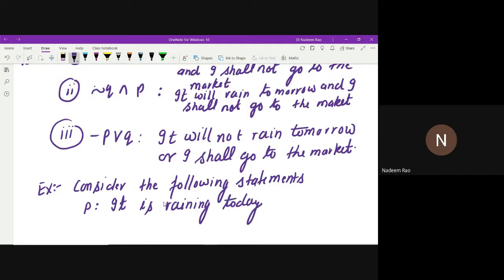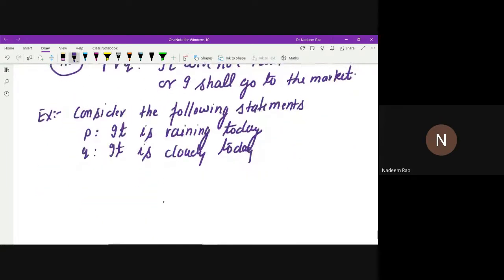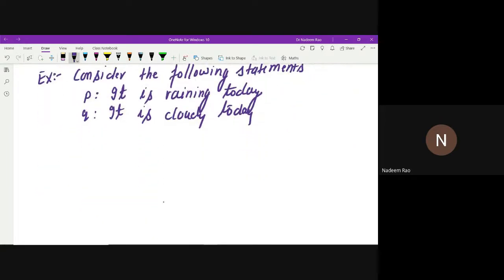And Q: it is cloudy today. And the third one is R: it is windy today.